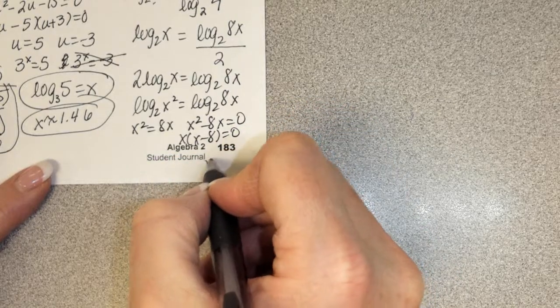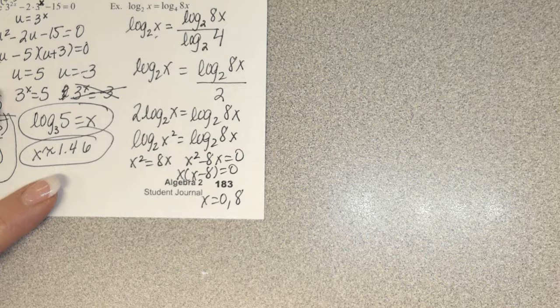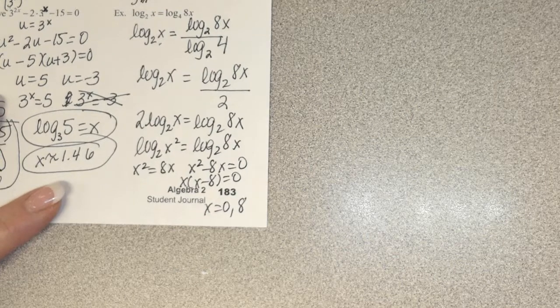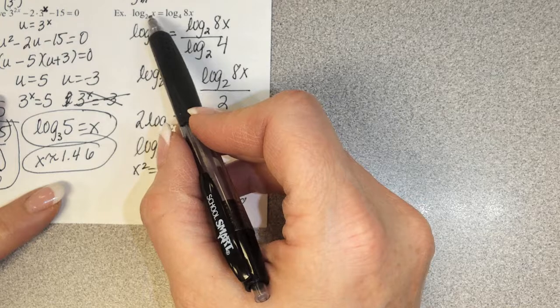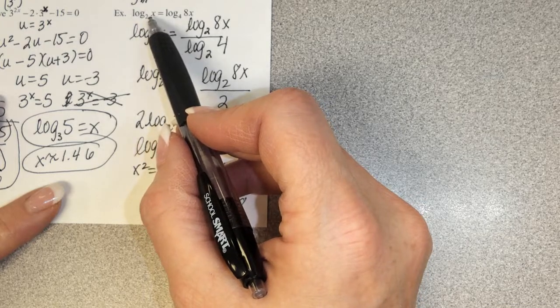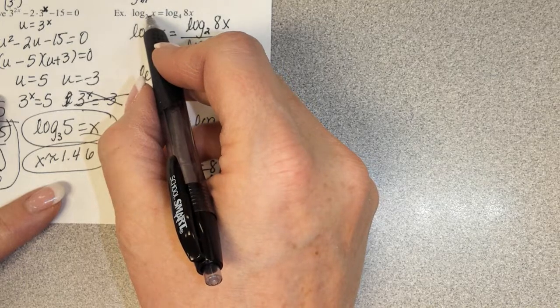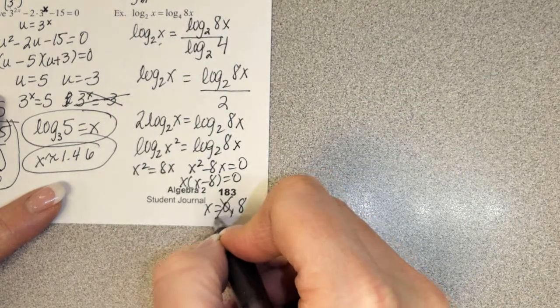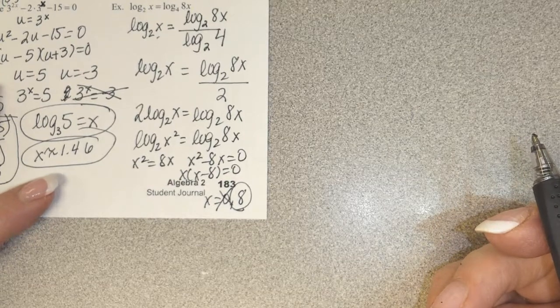So we get a solution of x equals 0 and x equals 8. One of those is not a solution though. Do you know which one? 0, right? Because if we go back here, log base 2 of 0 can't do that, because the domain is that x must be greater than 0. So that is not a solution, this is a solution. So 8 is our only solution.